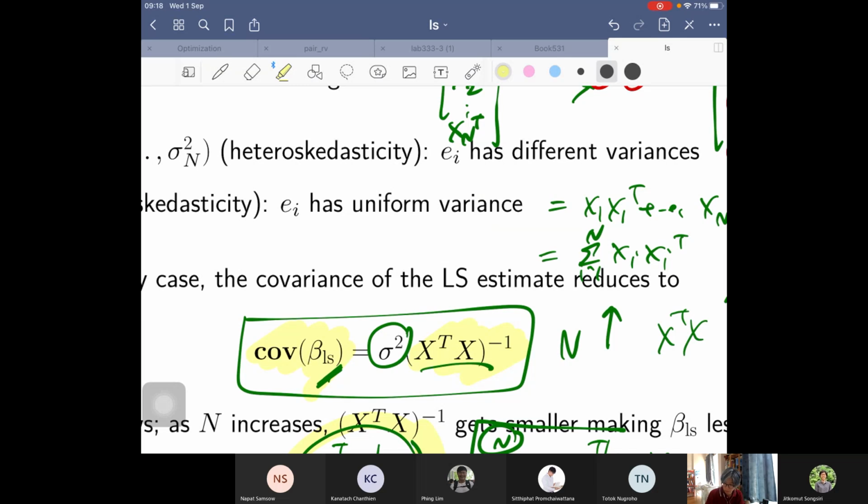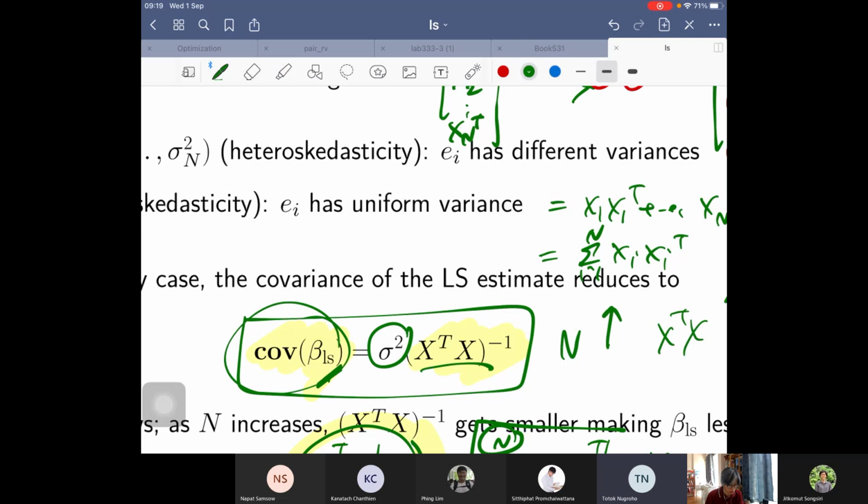Which is desirable. Is it good to have smaller covariance? Yes, right? So the last conclusion: should we use more data or a smaller amount of data in order to get a better estimate, Total? A higher number of data.